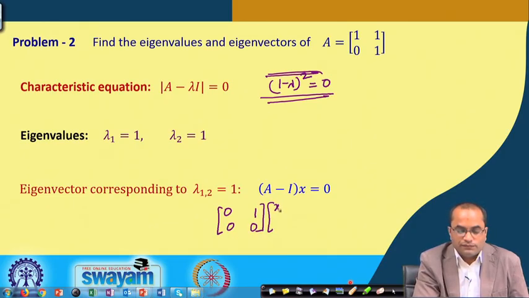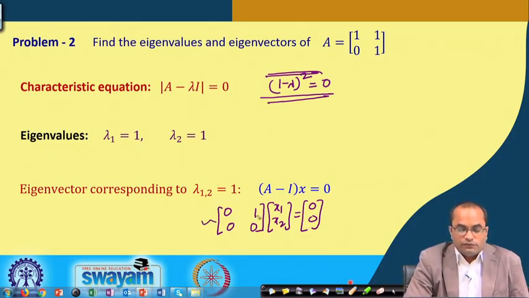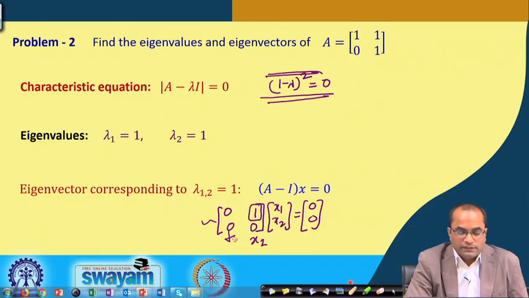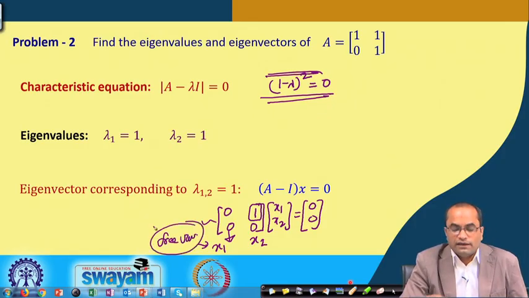That is our system of equations, (x1, x2) equal to the right-hand side vector (0, 0). So, this is already the row reduced echelon form, and we have a pivot element here. That means x2 is not a free variable, but x1 is, because the first column does not have a pivot element. So, this is what we call the free variable, and to this free variable we can assign any value we like.